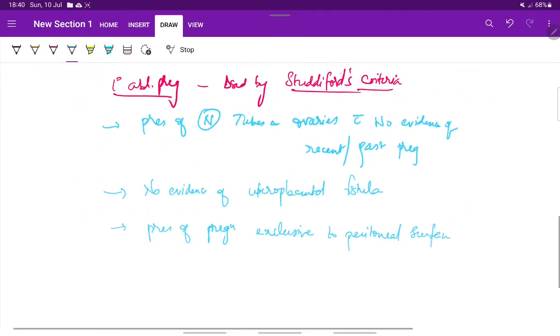This is the Studiford's criteria to term it as primary abdominal pregnancy.